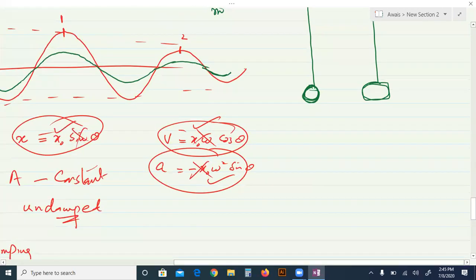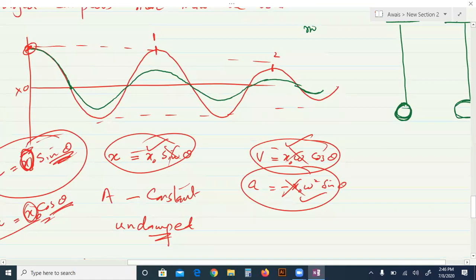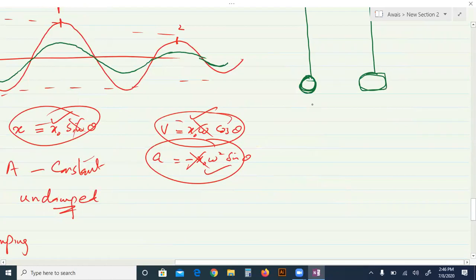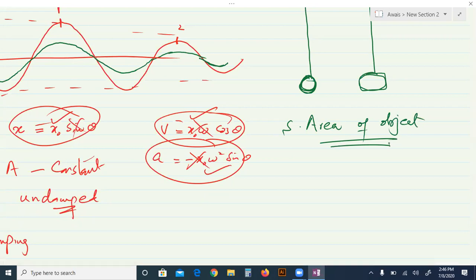Due to the larger area, the resistive force becomes large. So more loss in energy, so more decrease in amplitude. So we can increase the light damping by increasing the surface area of the object, but keeping its mass constant, because with a change of mass, omega changes, frequency changes, time period changes. If we keep the mass constant, then time period, omega, and frequency will remain the same.